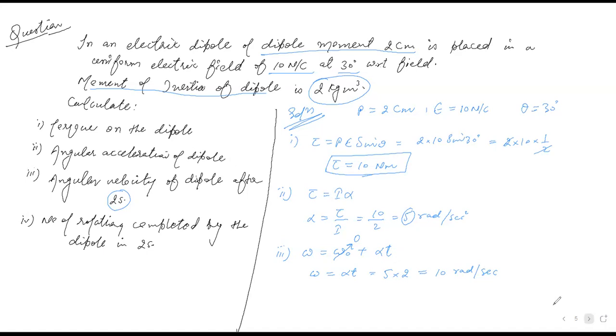The next one, the fourth, is the number of rotations. It can be calculated as theta is equal to omega naught t plus half alpha t square. Omega naught is 0, so we have only half alpha t square.